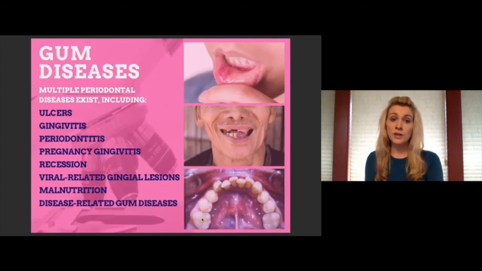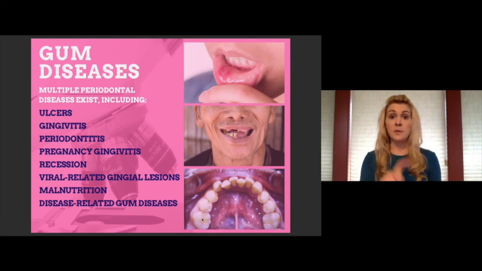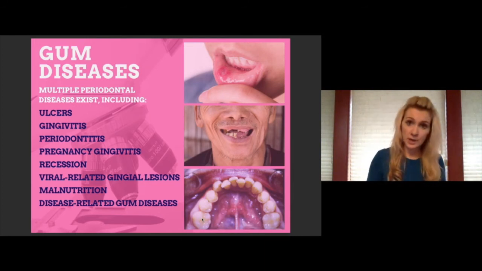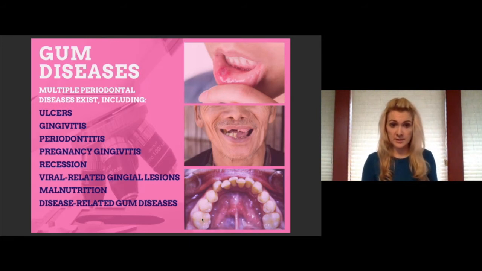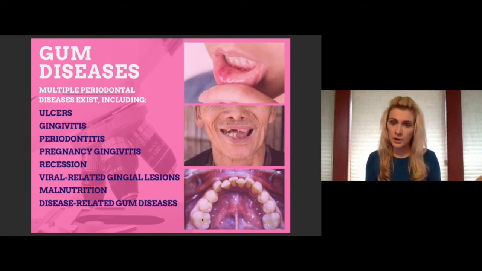Multiple gum diseases exist, and these include things like ulcers, gingivitis, periodontitis, pregnancy gingivitis, recession, viral-related gingival lesions, malnutrition, disease-related gum diseases, gingival overgrowth, issues like that. There are many different things that can happen within the gums, and they are all included in an umbrella term called periodontal diseases.